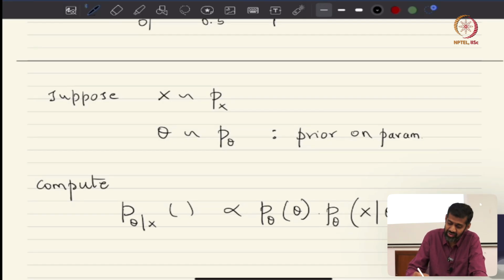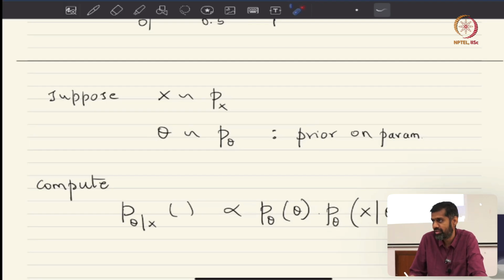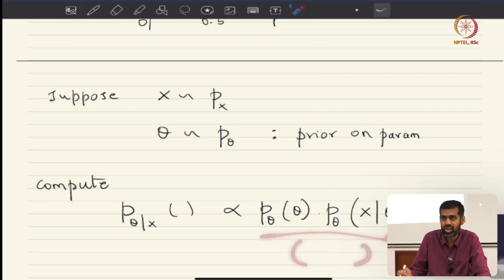Even in the maximum likelihood estimates, this makes sense. The only thing is, this is fixed at a particular point, and you take it as a point estimate. In the Bayesian framework, this becomes an entire random variable. The reason I wrote proportionality here is that we often don't care about the denominator, that is the normalization constant. You need this denominator to make it a proper density, but typically, at least in MAP kind of estimates, we don't care about the denominator.